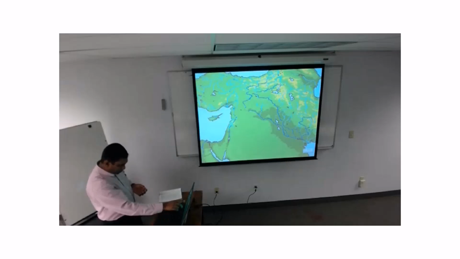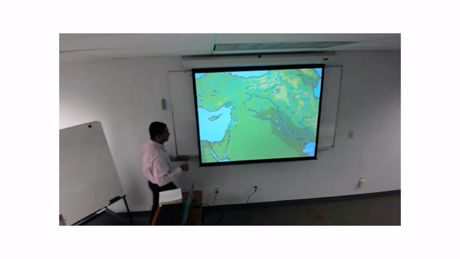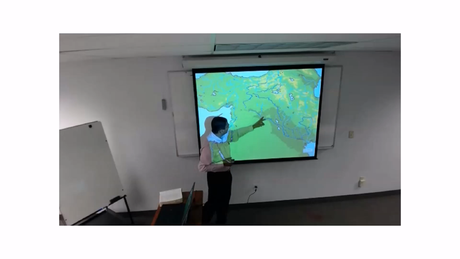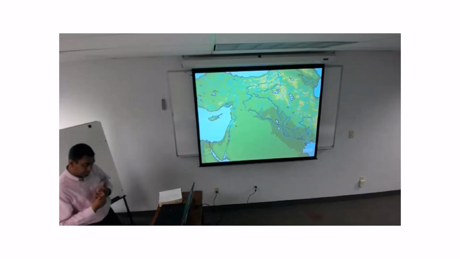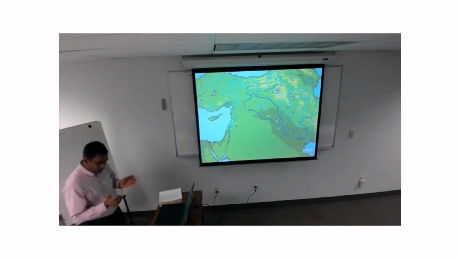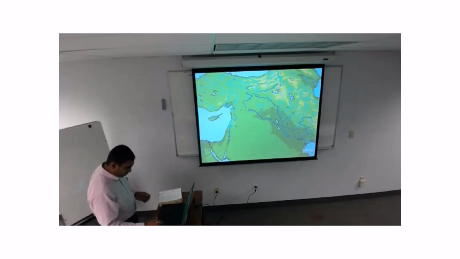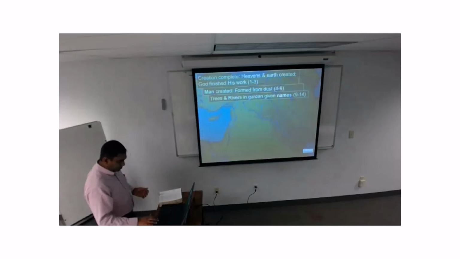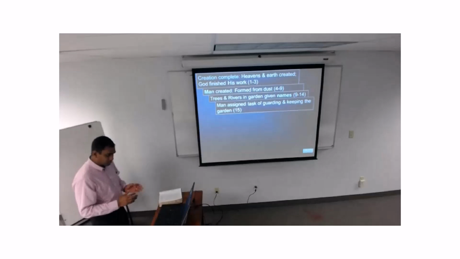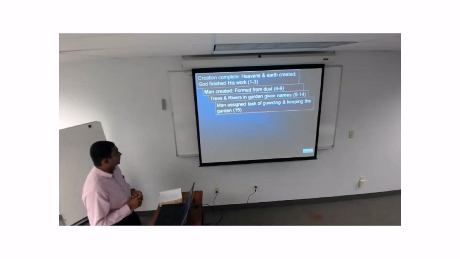So if you look at the map here, you have one here and one here. So this is the Euphrates and that's the Tigris. And those are the rivers that we know today to be the same. Whether they are the same rivers at that time or not, we cannot be 100% sure, but it's most likely this is what was being referred to then. So it's the modern region of Iraq that we're talking about.